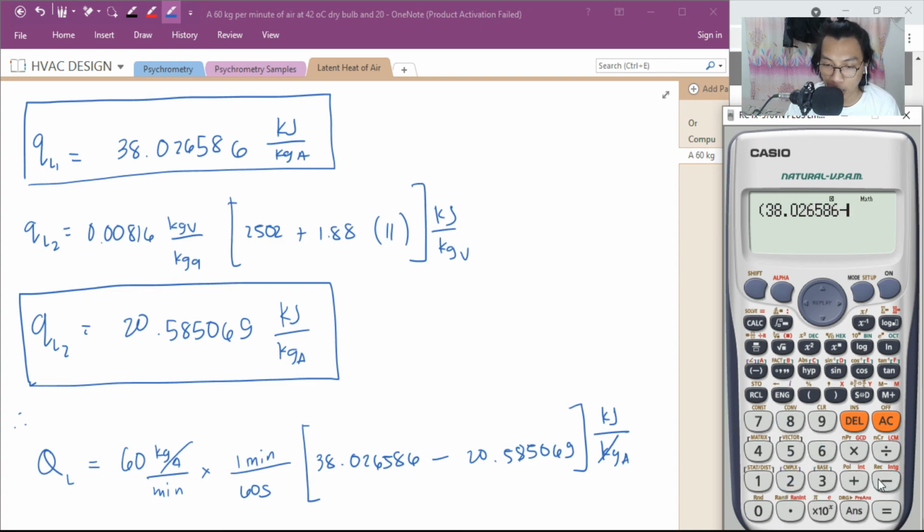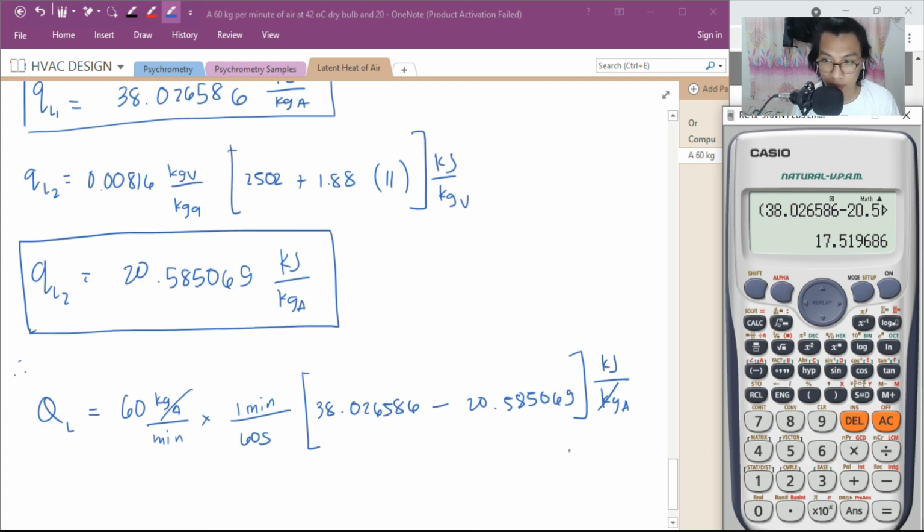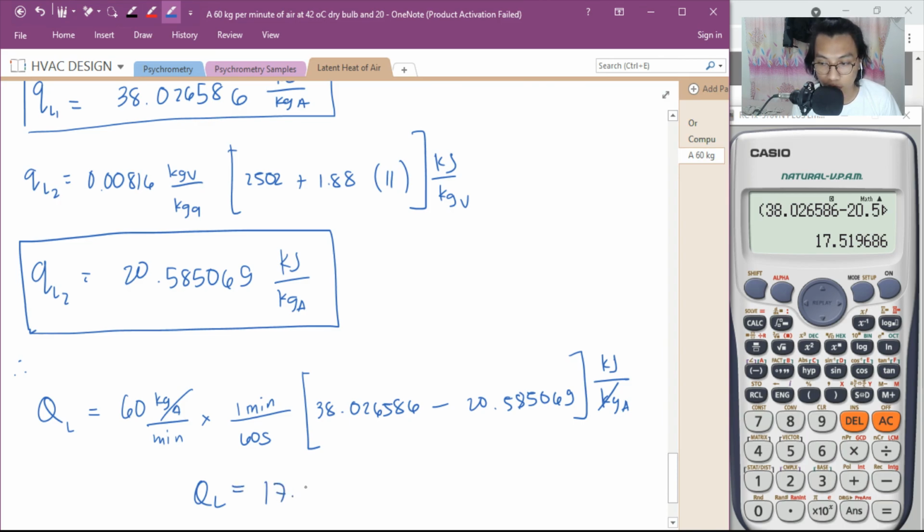The answer is 17.5197 kilowatts. Approximately 17.5 kilowatts. That is the latent heat.